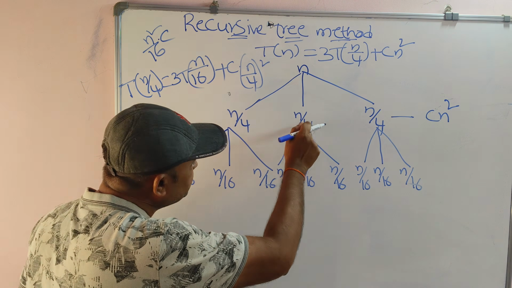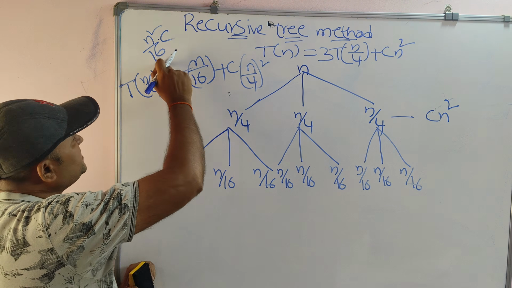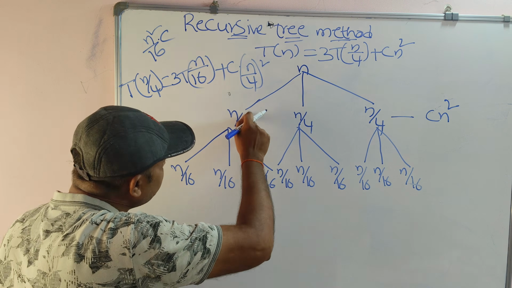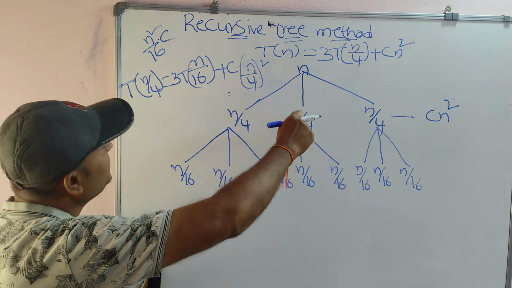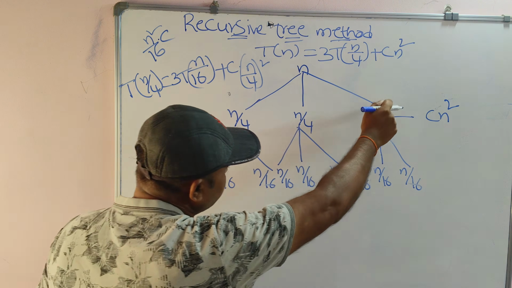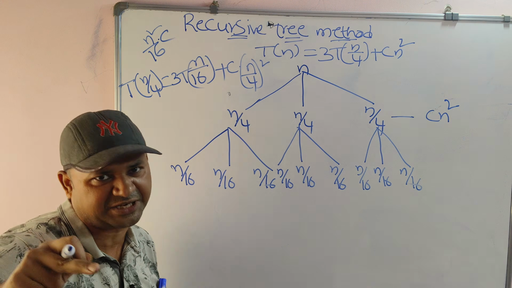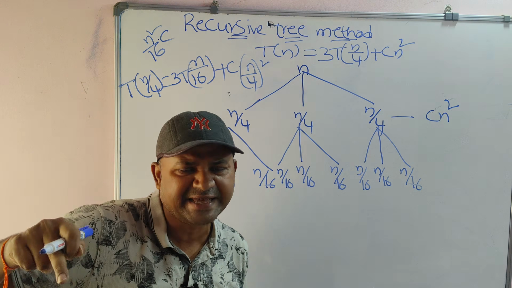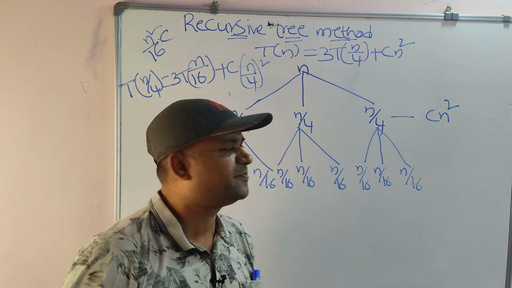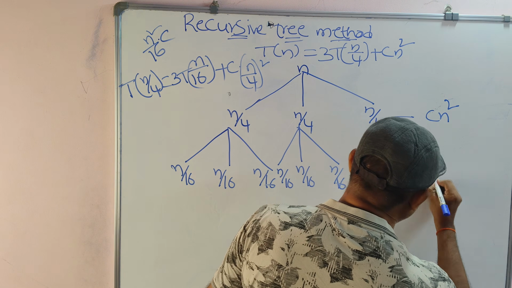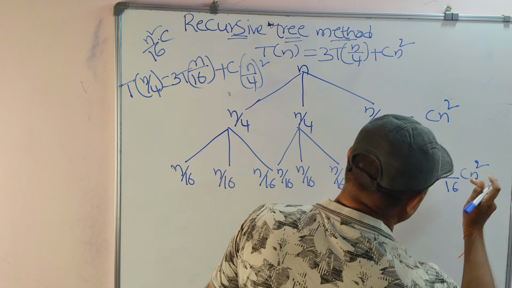We need to merge this one as well as the other ones. For each n/4 part we require n²/16 operations, so n²/16 plus n²/16 plus n²/16, that is nothing but 3n²/16. So we can write this as 3/16 into cn² operations.